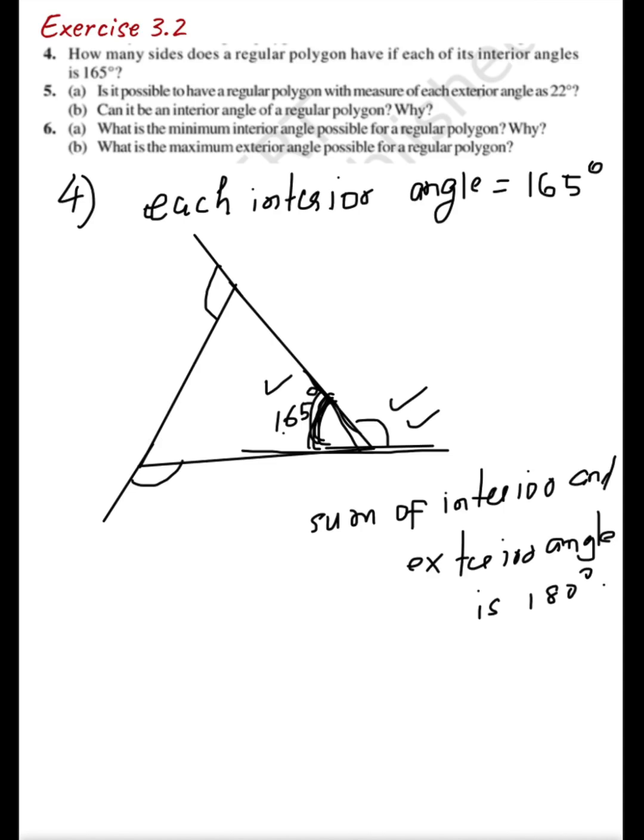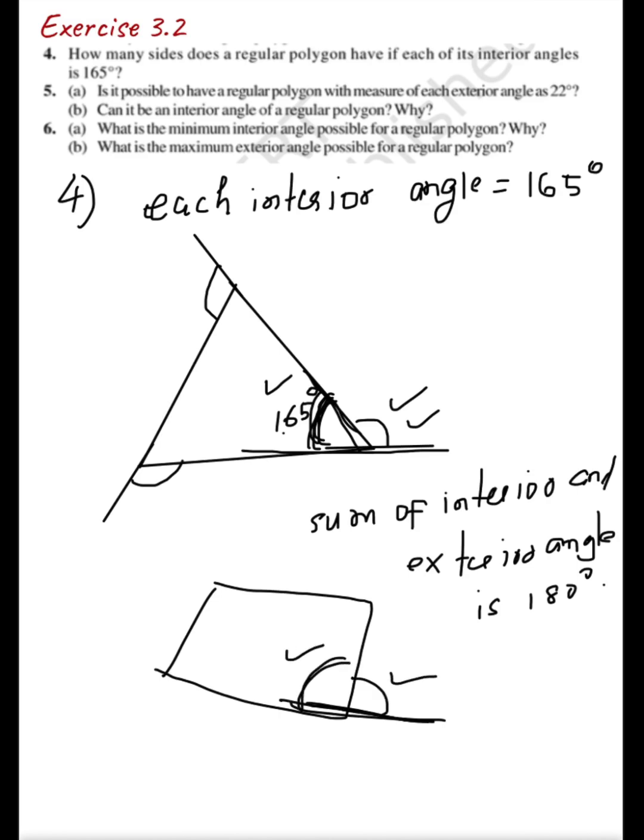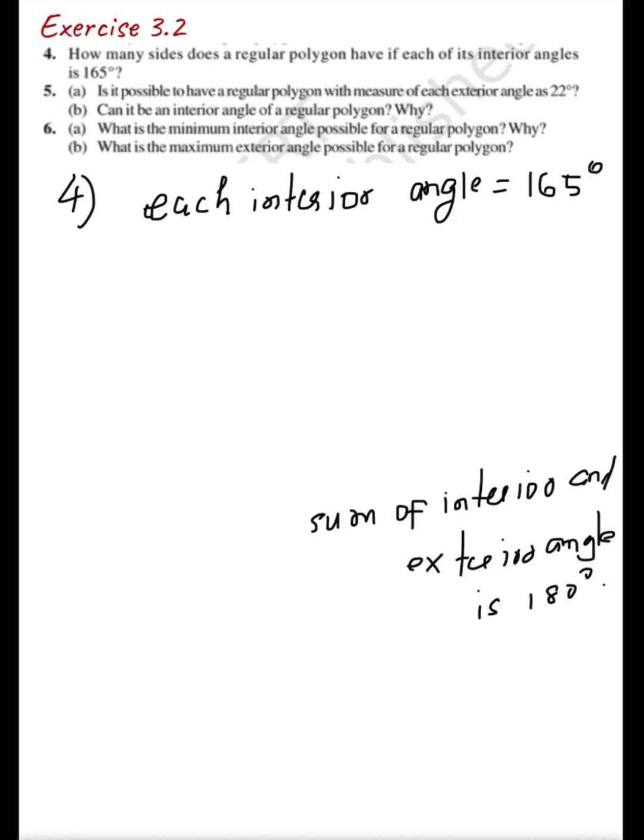You know that it will be the case for any regular polygon. Suppose this is the polygon, then if you draw the exterior angle, this will be the interior angle, and interior plus exterior will make 180 degrees. So that is one fact: the sum of interior and exterior angle is 180 degrees. So you can find the exterior angle.